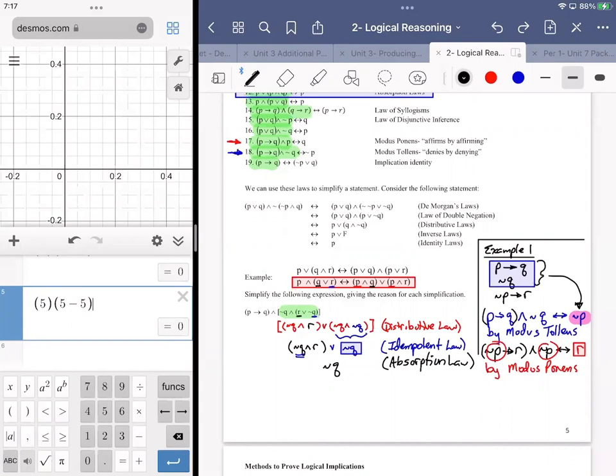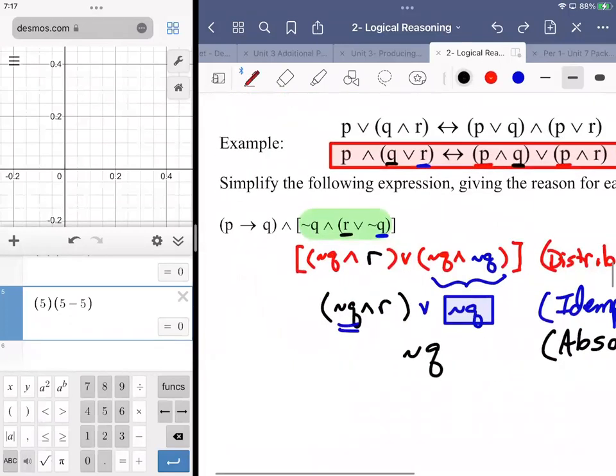So we can determine the truth value of not Q. If this sentence is going to be true, now Q has to be true, right? There's no other way it could play out. Because let's say R is true and Q is false, then this whole component would be false.